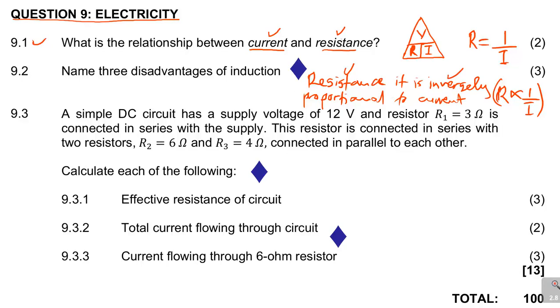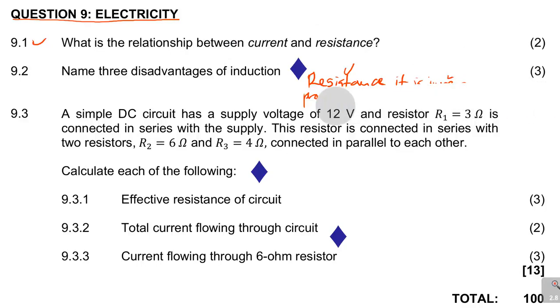Or when current increases, resistance decreases, and when resistance decreases, current increases. Anything that shows that when one goes up, the other one goes down. That's what they wanted to pick up there. That is 9.1. And then we move on to 9.2.